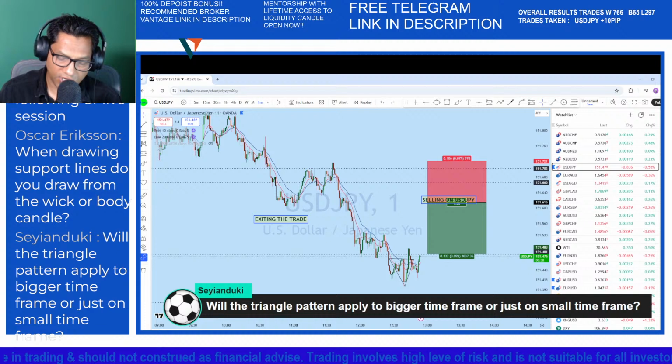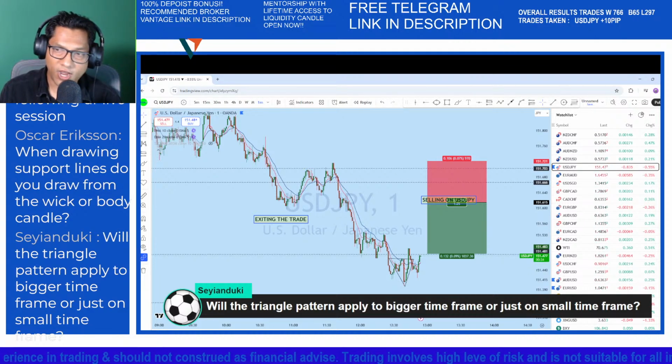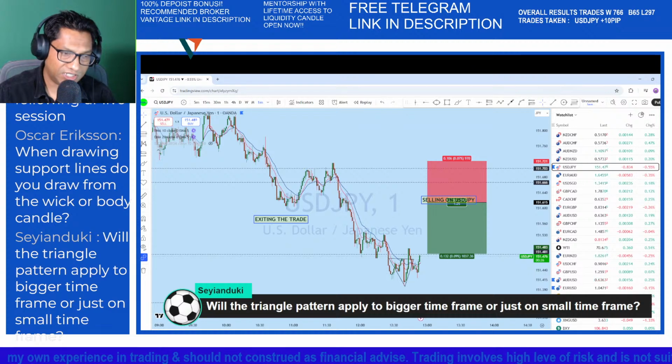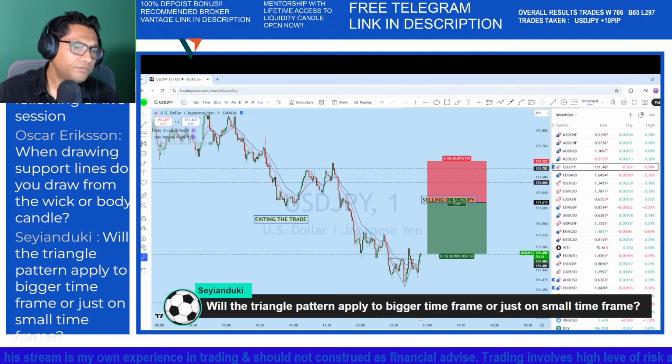So especially London and NY overlap, that's where I need to look, right? So this is the most important part, to find out a zone, a window of the timing or the session where you will be learning to become a better trader.